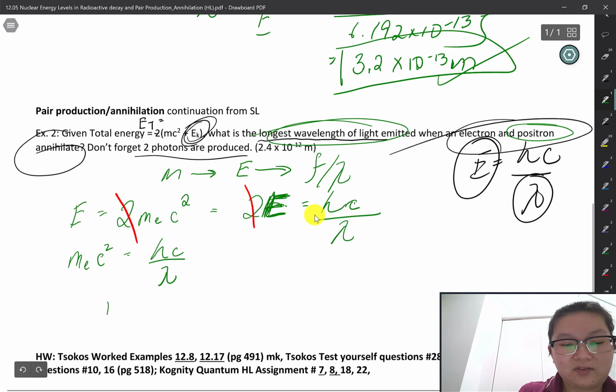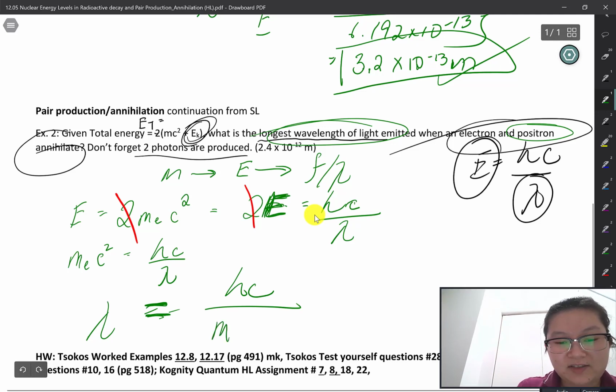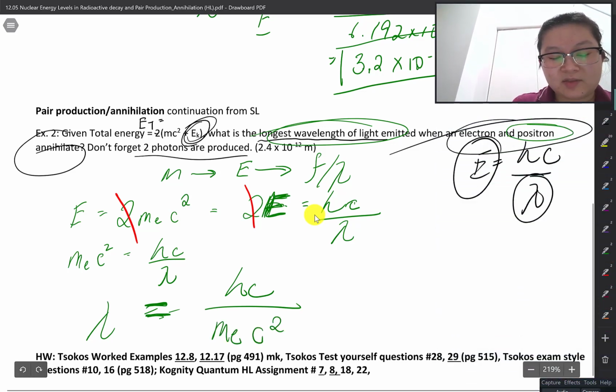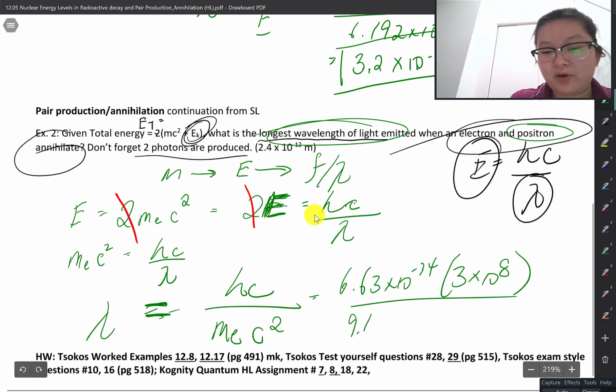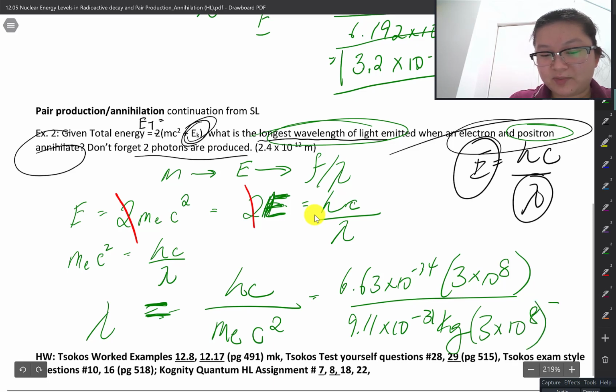So if we solve for lambda, moves on top, we're going to have hc over mass of an electron times speed of light. So putting in the Planck's constant, the speed of light, and the mass of an electron, which is 9.11 times 10 to the power of negative 31 kilograms. I'm silly, I could have just used 1 speed of light, but this is speed of light squared.